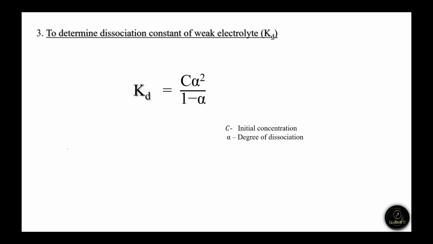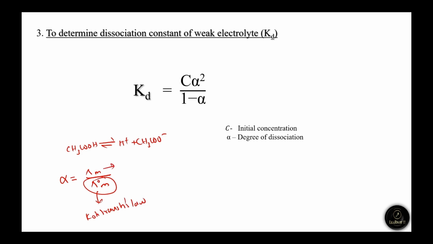With respect to weak electrolyte, the dissociation can be written as H plus CH3COO minus, we have taken acetic acid. So alpha represents lambda m divided by lambda naught m. Here lambda naught m is given by Kohlrausch's law.